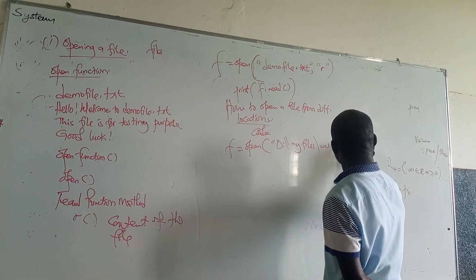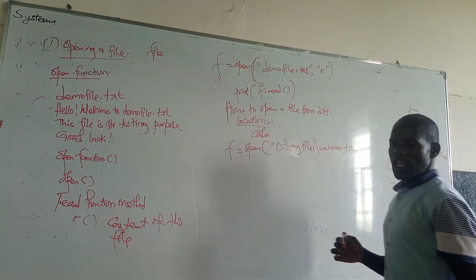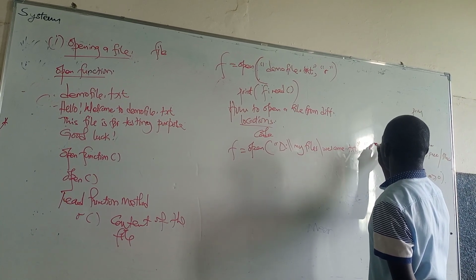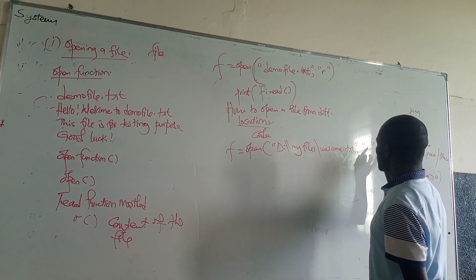Then you close the quotes, type a comma, then in quotes you type r.